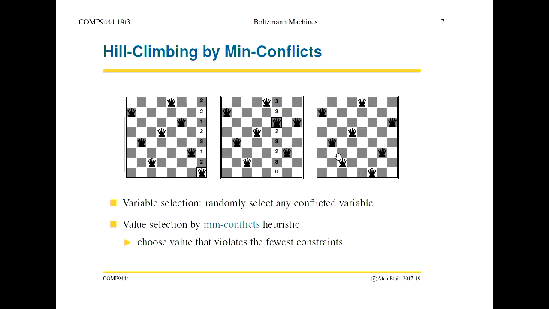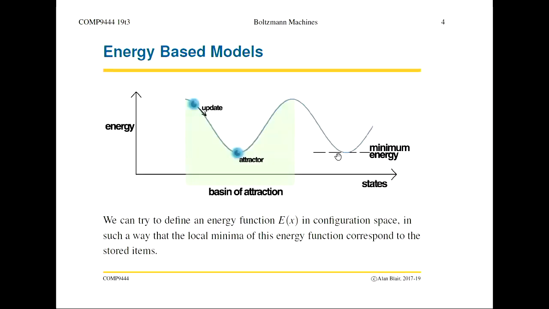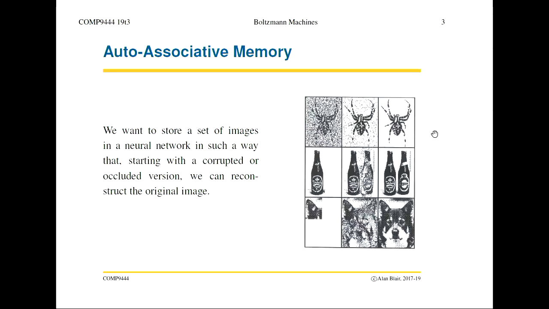So now we're kind of turning this around and saying, well, I'm given the solutions, and you've got to devise an energy function which will have a very low value for those particular images.